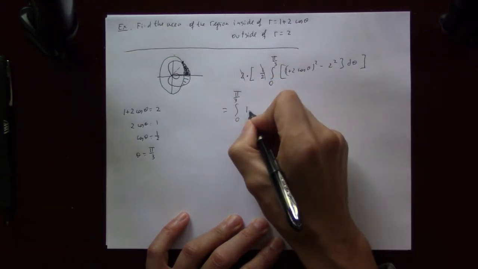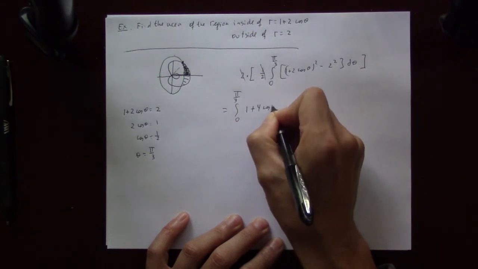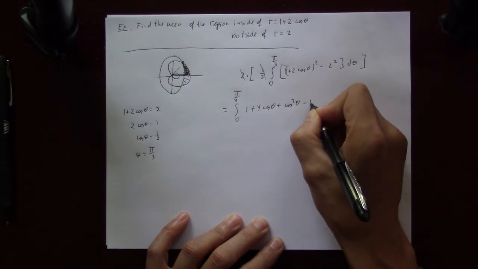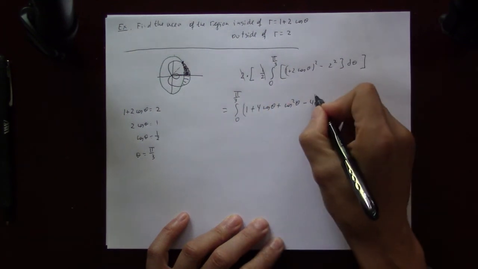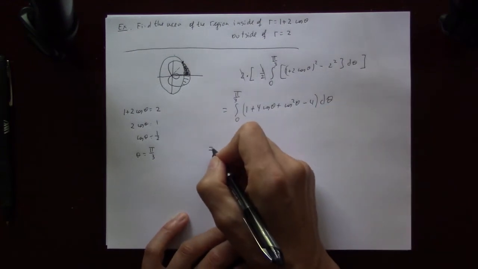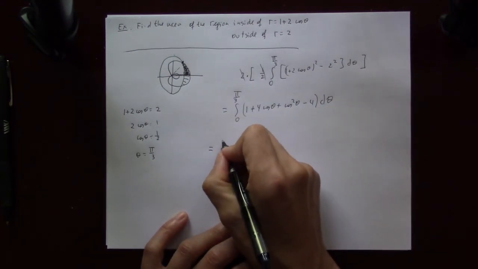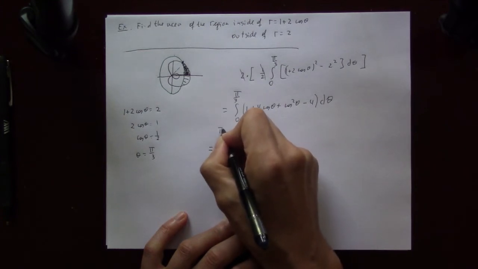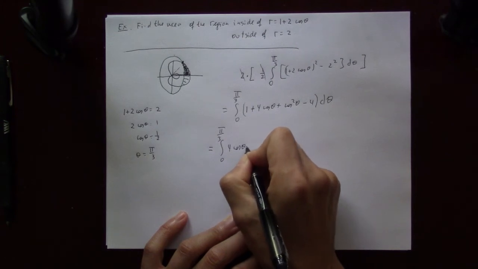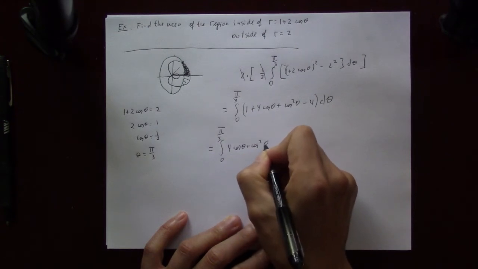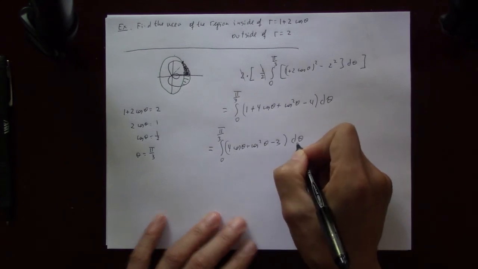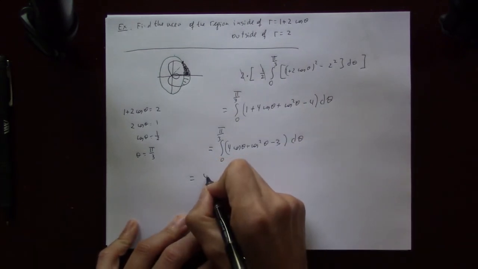Square of a sum, so we get 1 plus 4 cosine theta plus 4 cosine squared theta minus 4, d theta. So we're going to get integral 0 to pi over 3, 4 cosine theta plus 4 cosine squared theta minus 3, which equals 2.